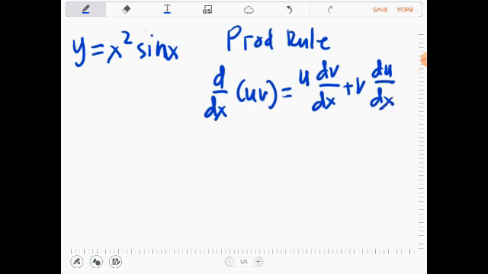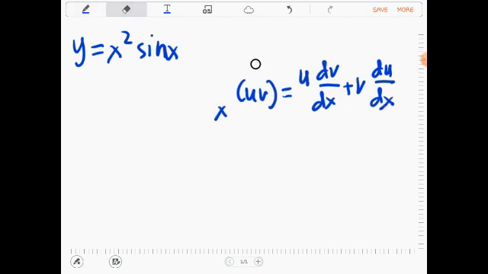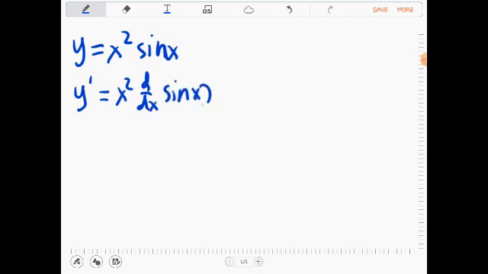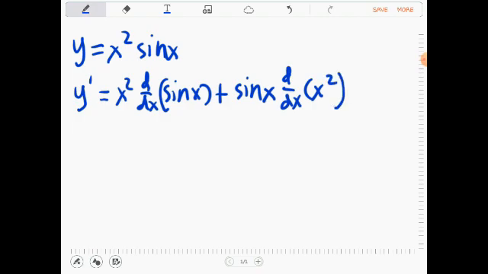Okay? So, therefore, in this example, our y prime would be equals to x squared first. Then, we differentiate the one beside it, the sine of x. Okay? Plus, the sine of x. Then, we differentiate x squared. D over dx of x squared.